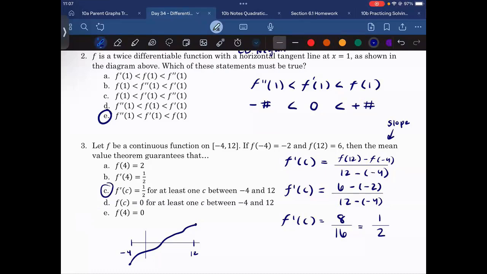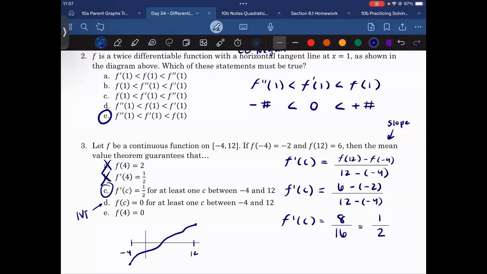Okay, cool. Fantastic. I can't do this because I don't know the slope is at that point. I can't do this one because it's not given to us. We don't know that. This one, it could be, but that's not. And that's intermediate value theorem.